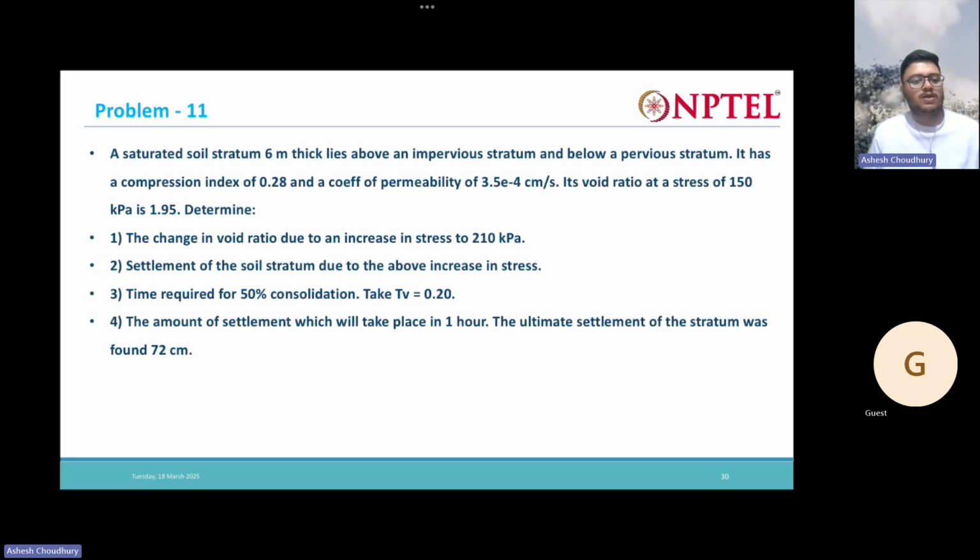Determine the change in void ratio due to an increase in stress to 210 kPa, and the settlement of the soil stratum due to the above increase in stress. Time required for 50% consolidation and the amount of settlement which will take place in 1 hour. The ultimate settlement of the stratum was 72 centimeter. Okay, we'll solve it step by step. Nothing to worry, it's also a simple problem like the previous one.